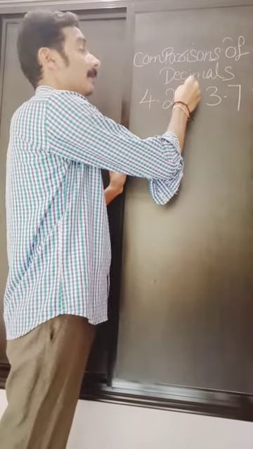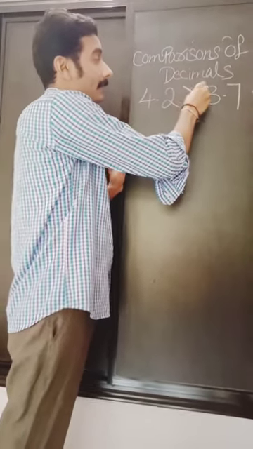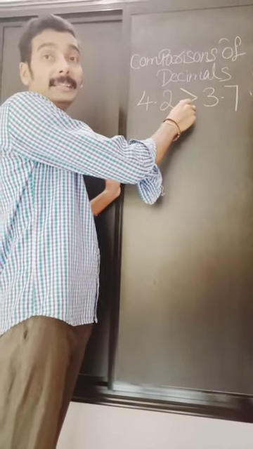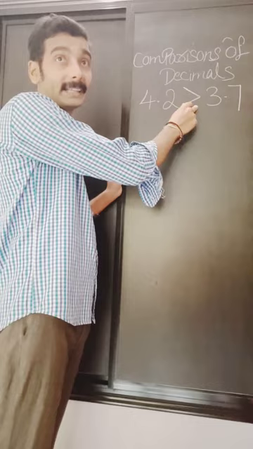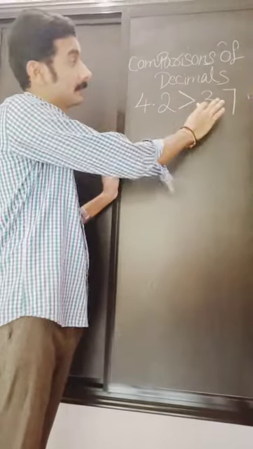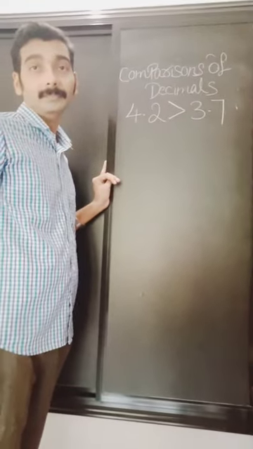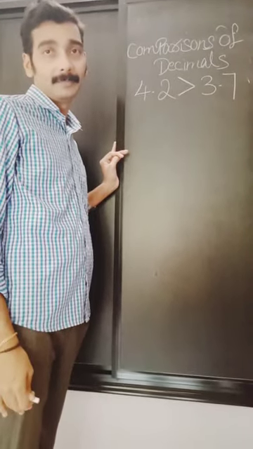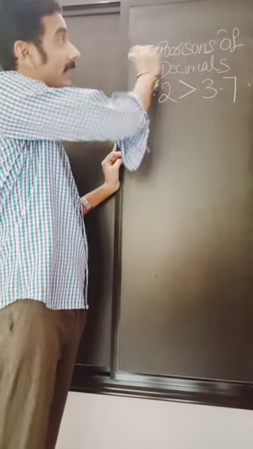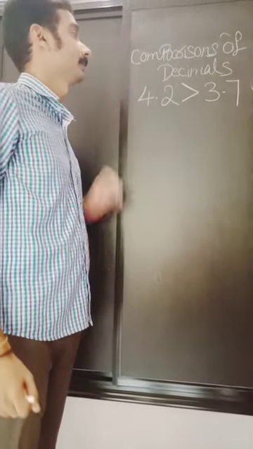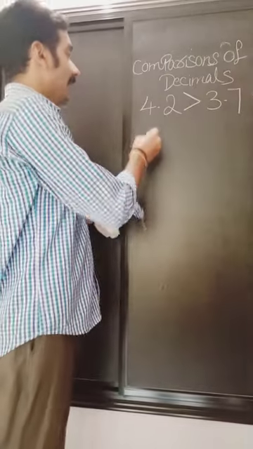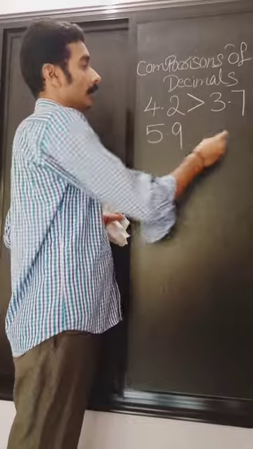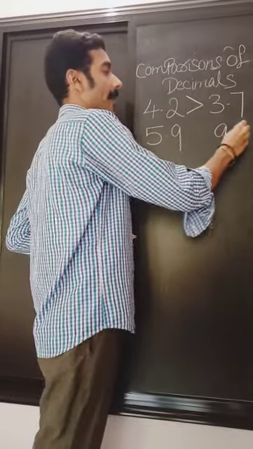That means we know the symbol. 4.2 greater than 3.7. Clear? You have so many examples. Okay. Then another one is 5.9 or 9.5.